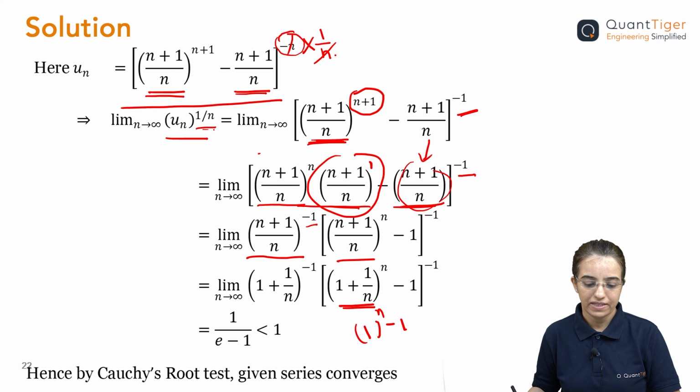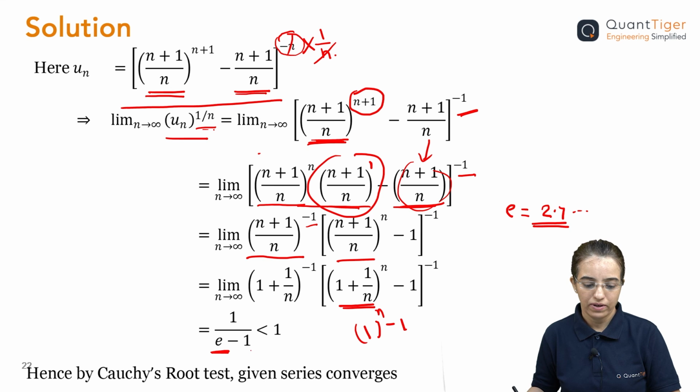If I find its value, it is e, which mathematically is 2.7 and some more digits, but approximately it is 2.7.